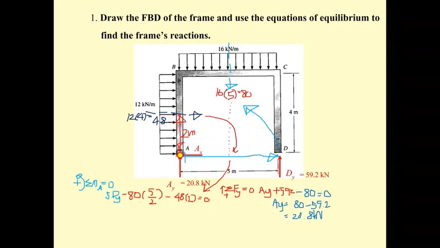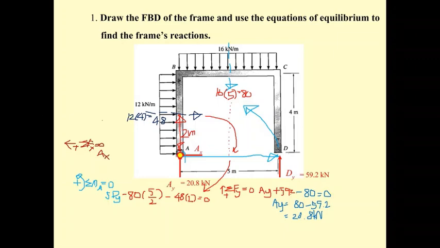And then the last one is here. We have the summation of F sub x equal to 0 to determine A sub x. So we take this direction as positive, so A sub x is positive.